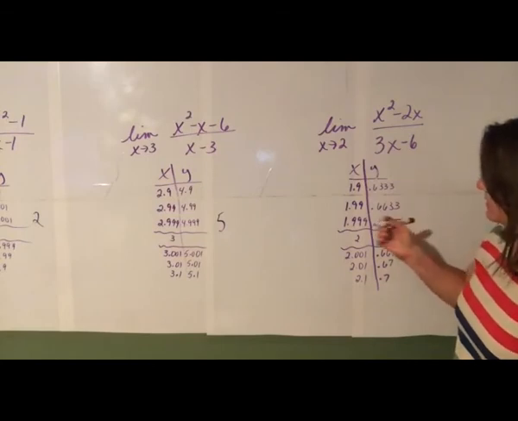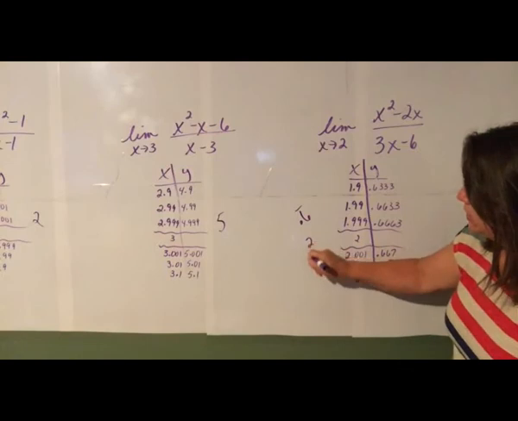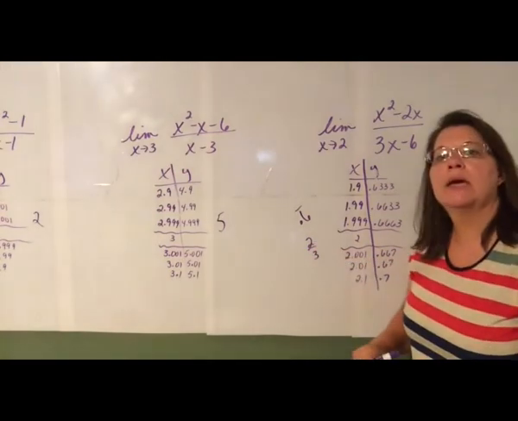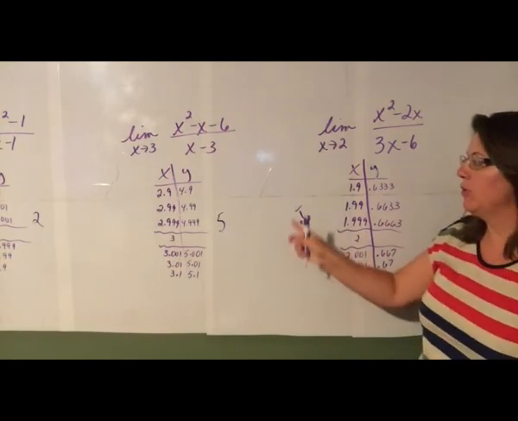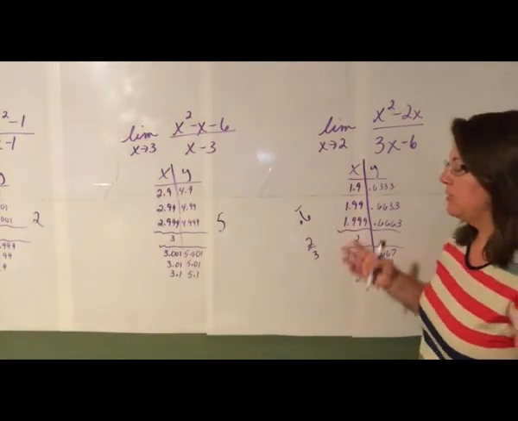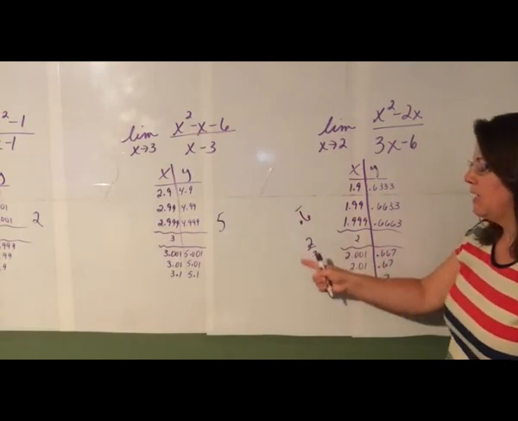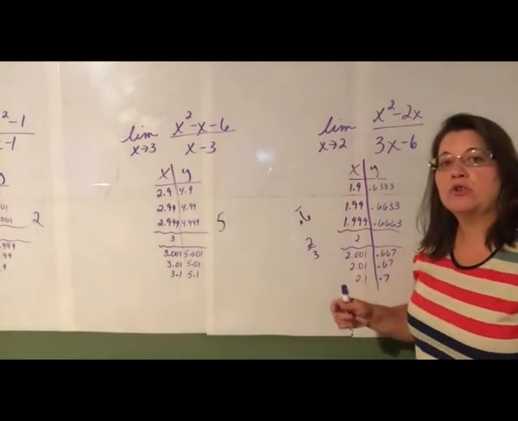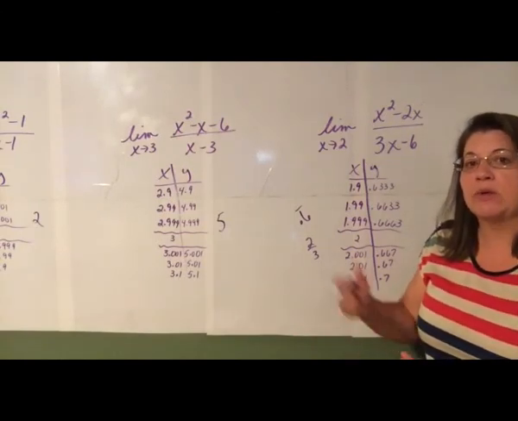So I would say that that one is either 0.6 repeating or 2/3. Okay? So they don't always have to approach a whole number. Sometimes they might approach a fraction. And depending on what you've been given, you may have to leave it as a decimal. You just have to make sure you estimate based on what they've asked for.